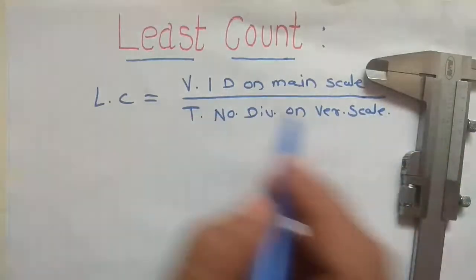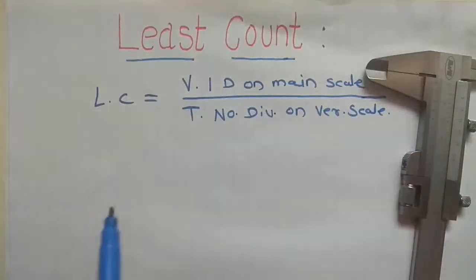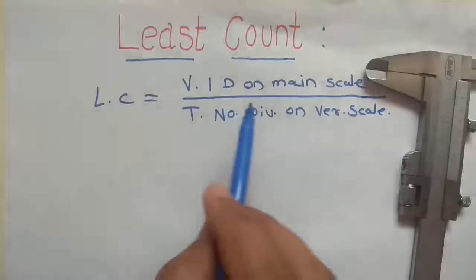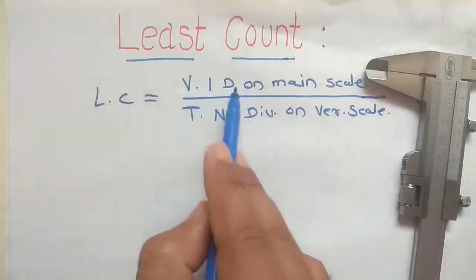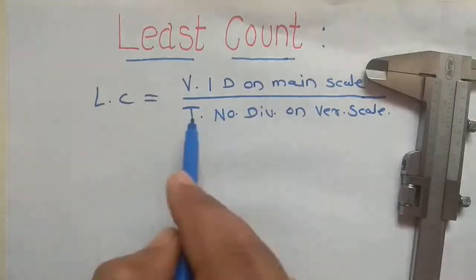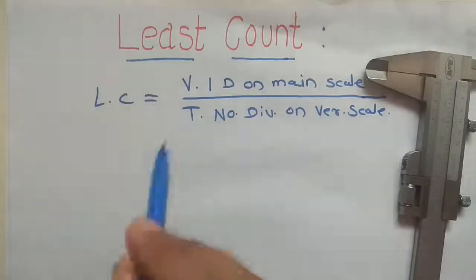You have to remember the formula. In this way we can write the definition also. It is the ratio of the value of one division on main scale to the total number of divisions on vernier scale.